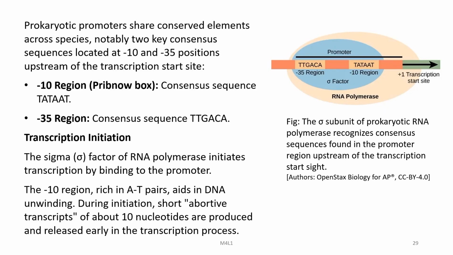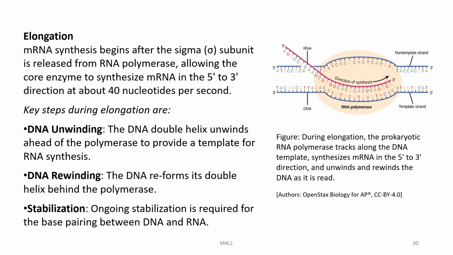Then once the initiation is over, the next phase is the elongation phase. The mRNA synthesis begins after the sigma subunit is released from the RNA polymerase, allowing the core enzyme to synthesize mRNA in the 5' to 3' direction at about 40 nucleotides per second. The key steps in this elongation process are: number one, DNA unwinding.